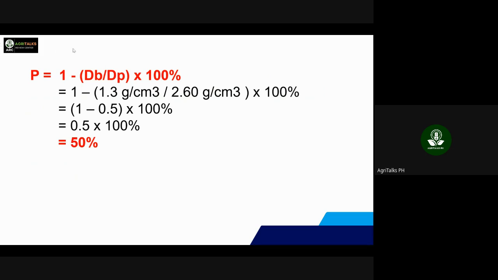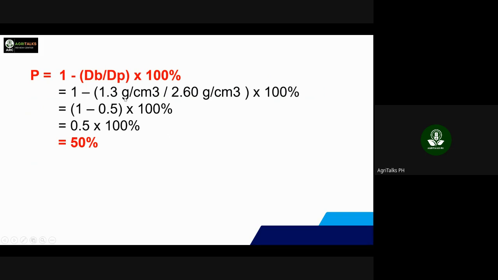So, yung dB at saka dP talks about soil solid. So, pag ang kabuuan, bawasan natin ng soil solid, ang matitira na lamang ay space. Kasi yung kabuuan ay solid at saka space. So, solid and space minus solid, ang matitira ay space. So, that's porosity all about. It talks about space.